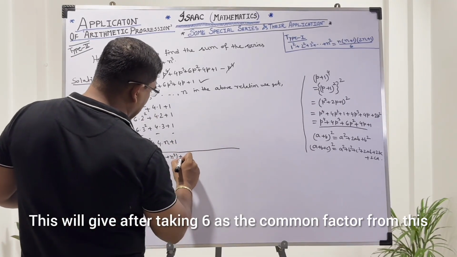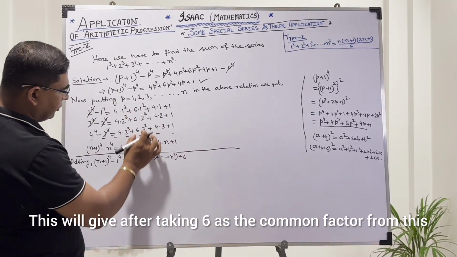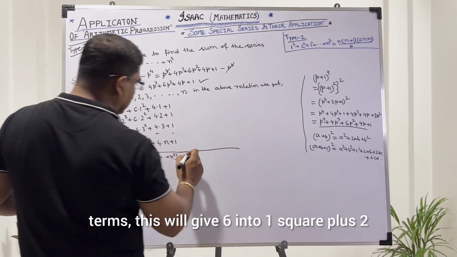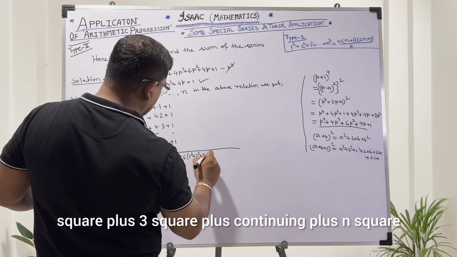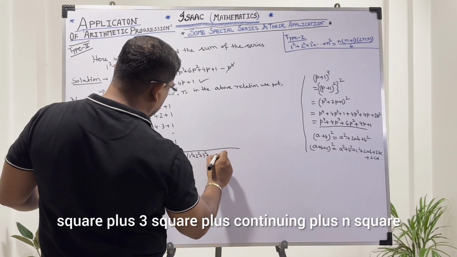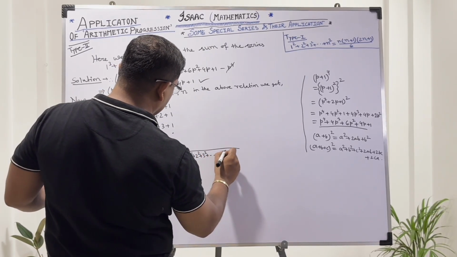After taking 6 as the common factor from these terms, this will give 6(1^2 + 2^2 + 3^2 + continuing plus n^2).